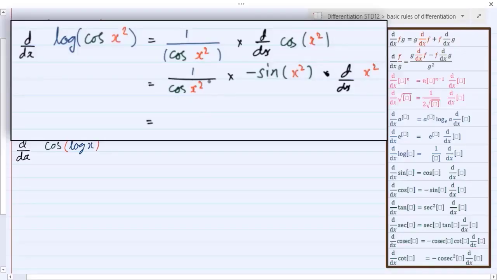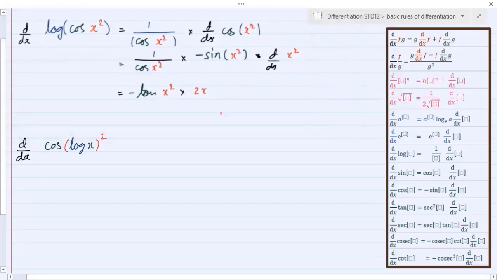This sin x square upon cos x square can be considered as tan x square, so it will become minus tan x square. Differentiation of x square is nothing but 2x. So ta-da! Minus tan x square into 2x can be considered as your final answer.